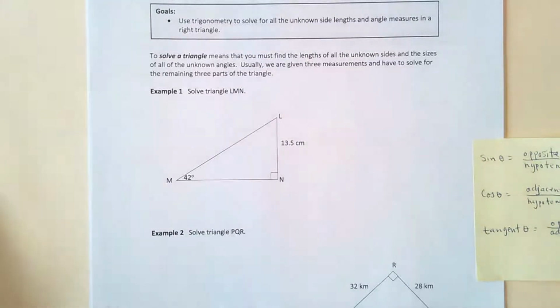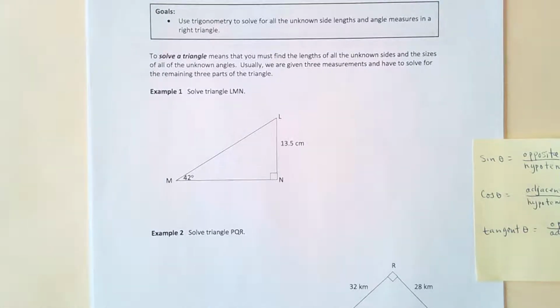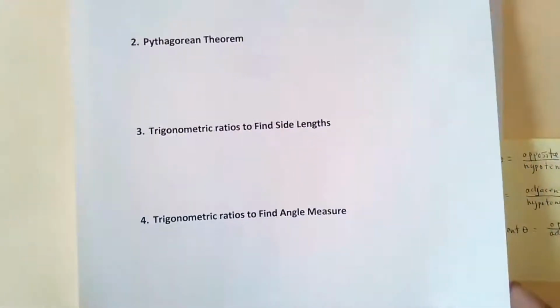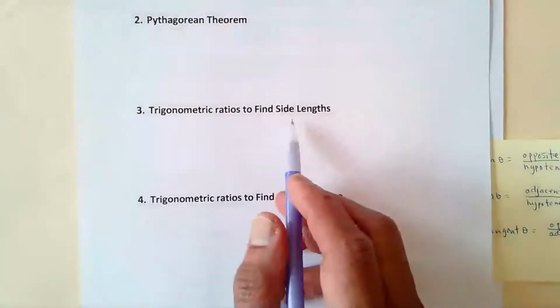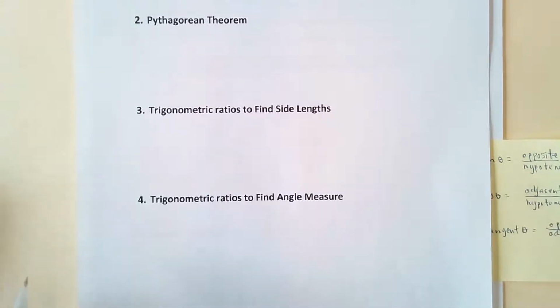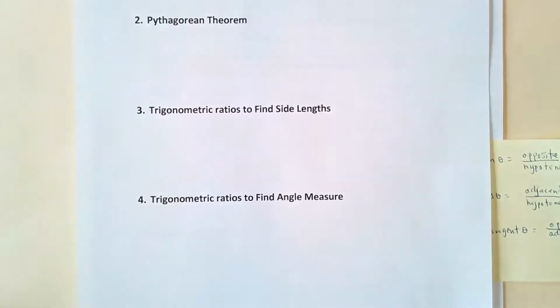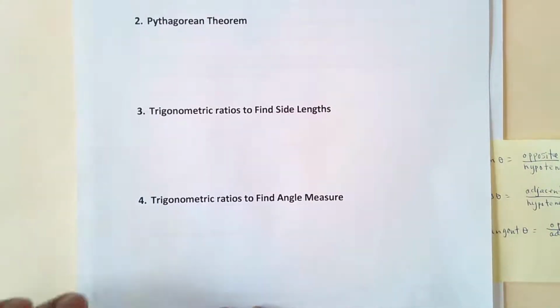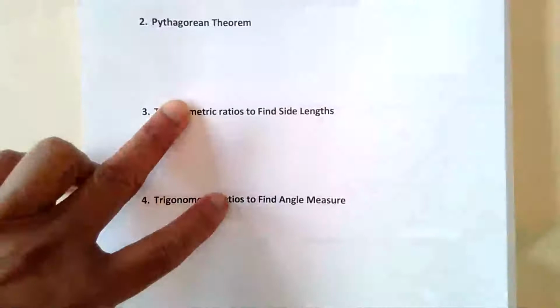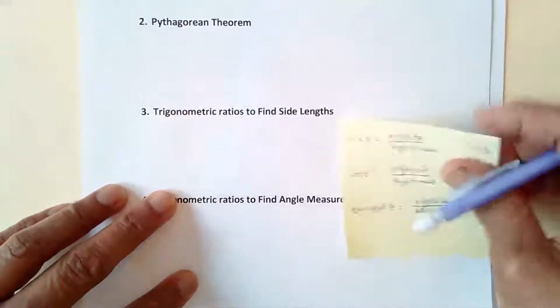The next thing we looked at is finding the side length when we don't know one of the lengths, and we're asked to find it. In this case we have to use the trig ratios.